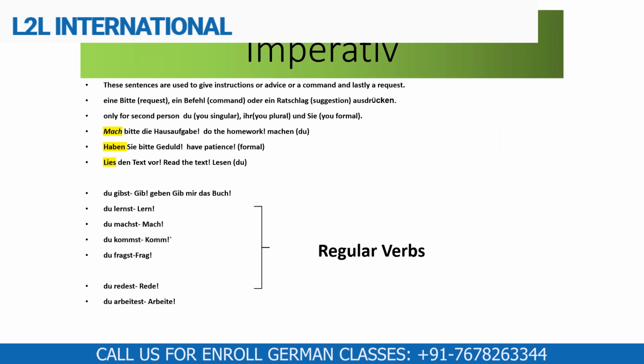Because I'm talking to Sana in informal du, and I have to make an imperative sentence because I am asking her to give me a book. That's a request: Sana, give me the book. The verb is geben, and the conjugation of du with geben is gibst. Geben is an irregular verb, so you need to learn the conjugation.